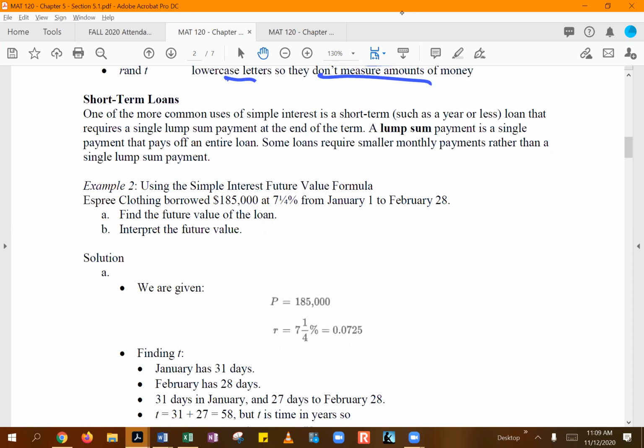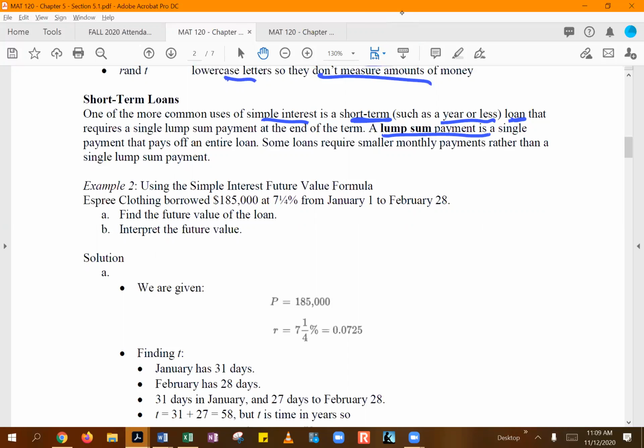Okay, so just continuing our discussion with simple interest, one of the more common uses of simple interest is a short-term loan, which is usually a year or less. And basically that requires a single lump sum payment at the end of the term. A lump sum payment is the single payment that pays off an entire loan.